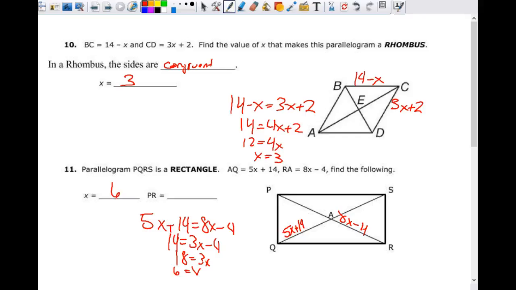We need to figure out what PR is. Well, if we can figure out what this is, we know all these are the same. So we have 8 times 6 minus 14. 8 times 6 is 48. Okay, 48 minus 14, which gives us 34. So if we know this is 34, this is also 34.